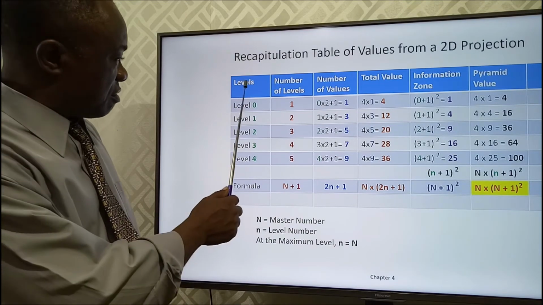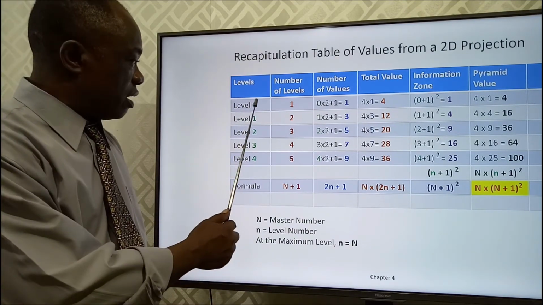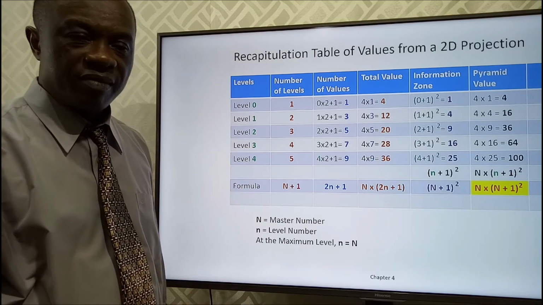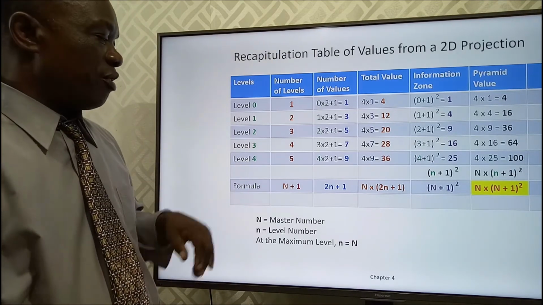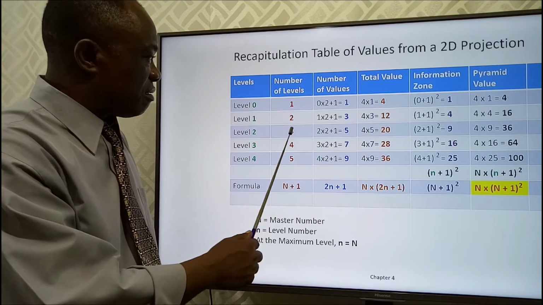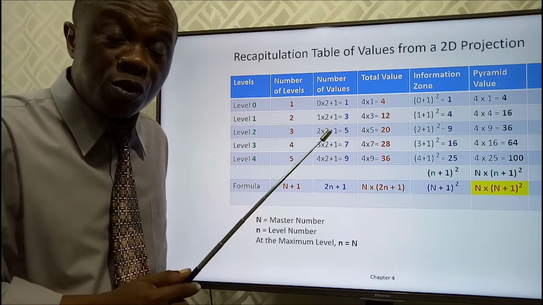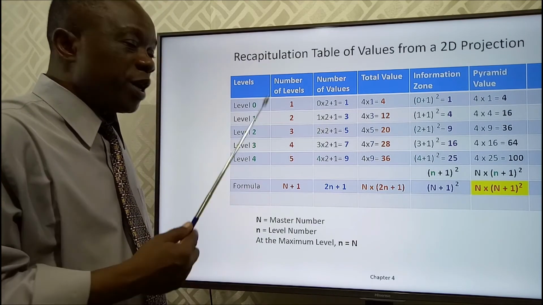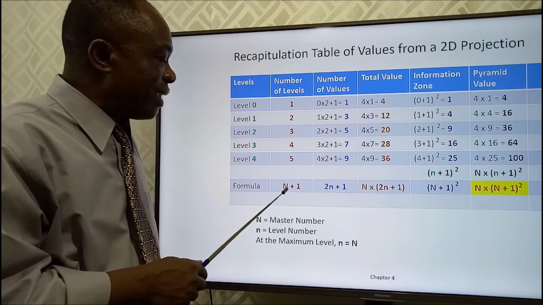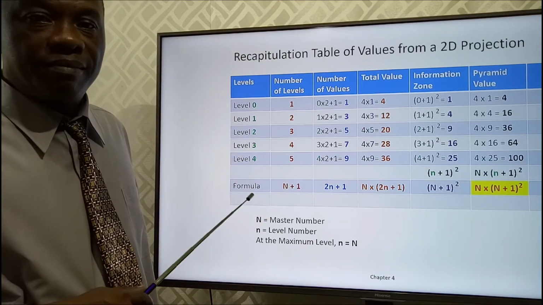We have the level 0, 1, 2, 3, 4, and you will have n. Then you have the number of levels. So you have to add always plus 1. So you get the level number plus 1, n plus 1.